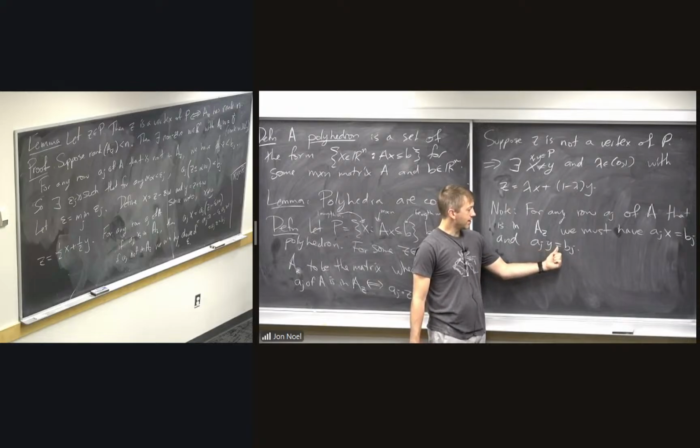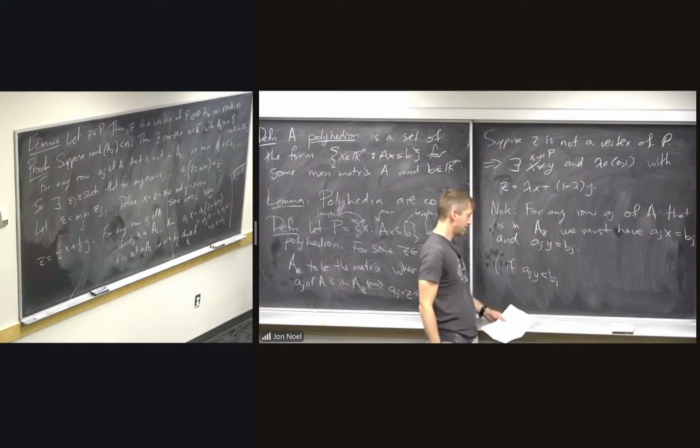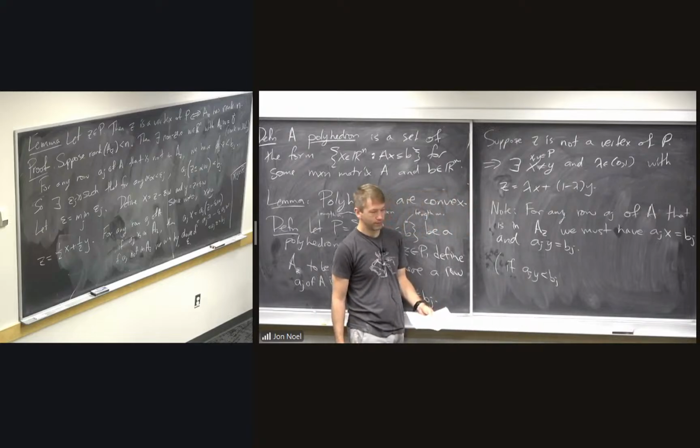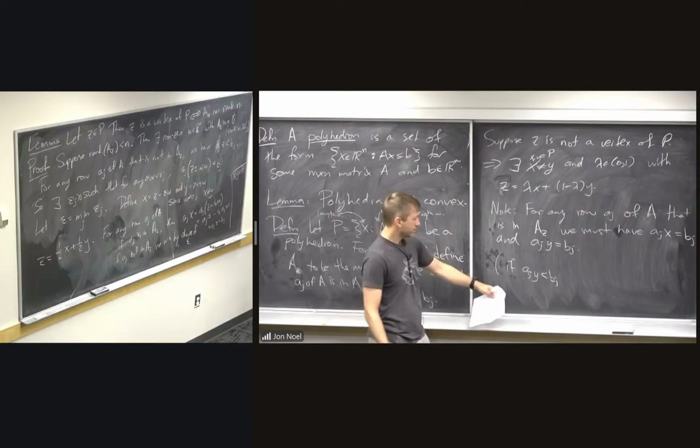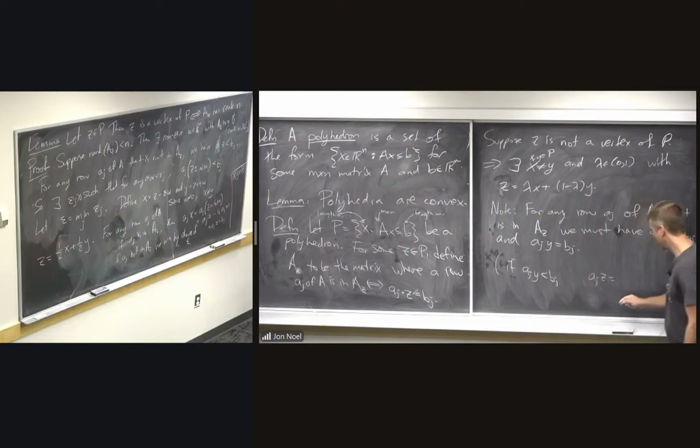Let's say aj y is strictly less than bj, for example, without loss of generality. Then if I took aj times z, by linearity, this is lambda times aj x plus 1 minus lambda times aj y.